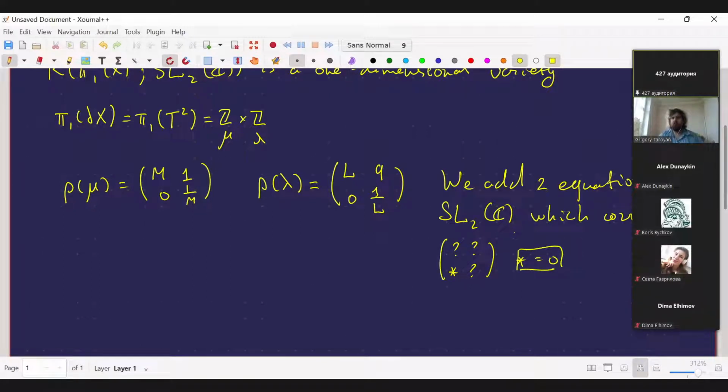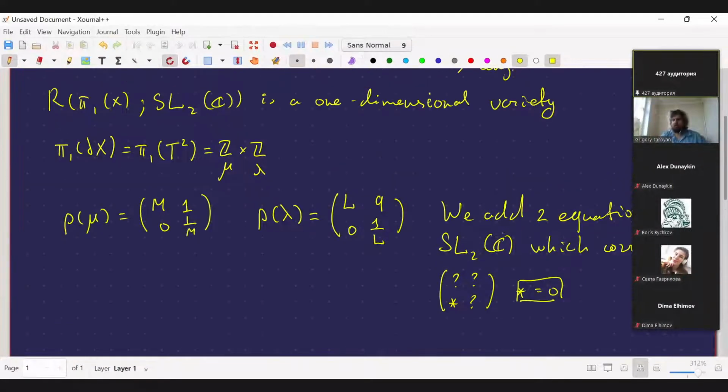So that's two equations. SL2 is 3-dimensional, and therefore we get that R is a one-dimensional variety. Of course, this is not a rigorous proof, but just a sketch of the idea behind the theorem.